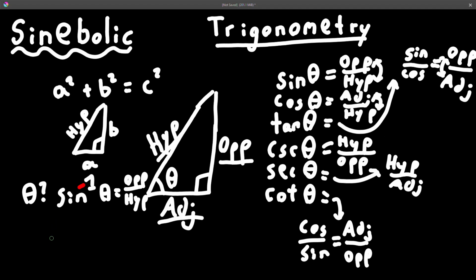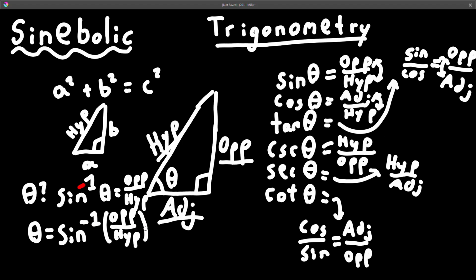So, let's first of all isolate theta, and then have it be sine negative 1 of opposite over hypotenuse. That is how to calculate theta.